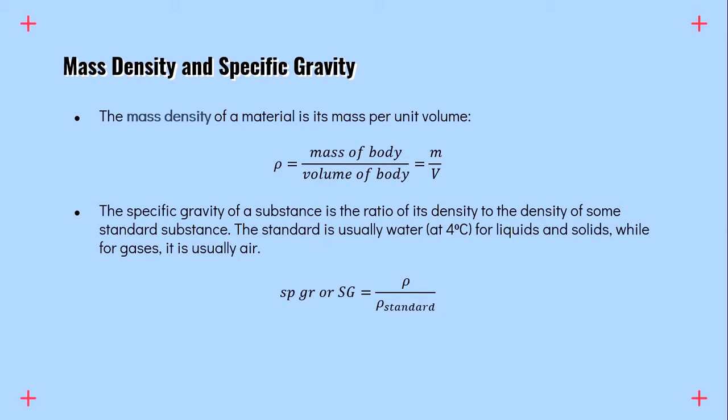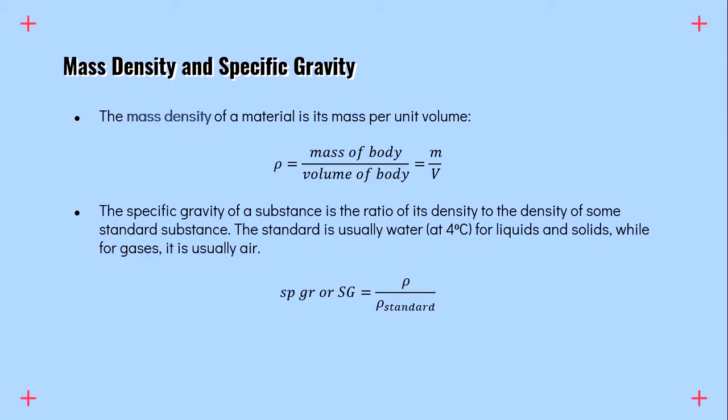First, mass density and specific gravity. I know you're already familiar with density and specific gravity, but anyway, the mass density of a material is its mass per unit volume, which is rho equals m over v. The specific gravity of a substance is the ratio of its density to the density of some standard substance.